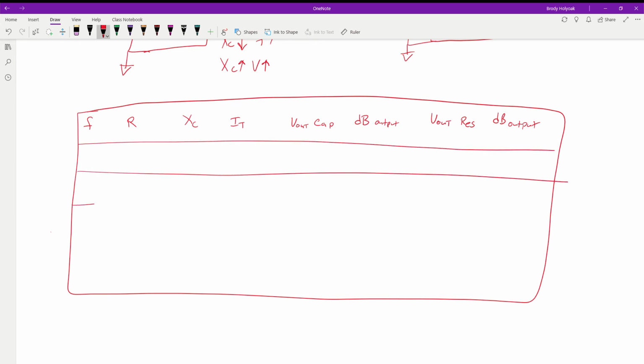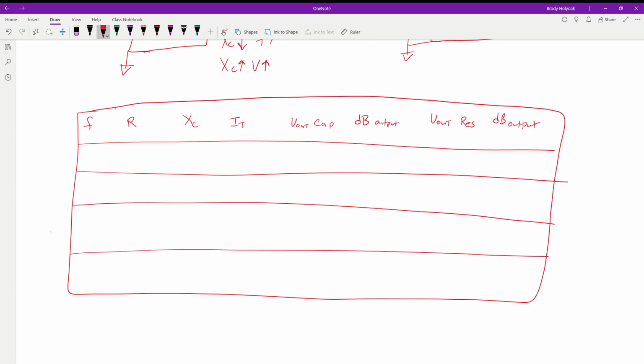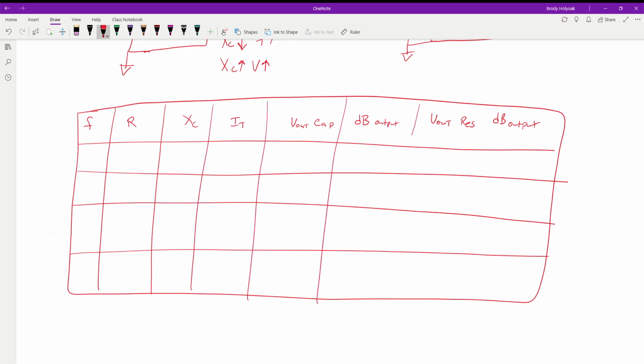One, 2, 3, 4, and then we'll split these guys up. I'll be bouncing back and forth between our chart that we'll fill in and the supporting math that we'll do below it.